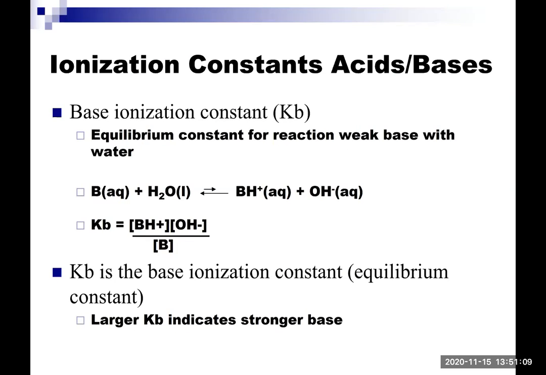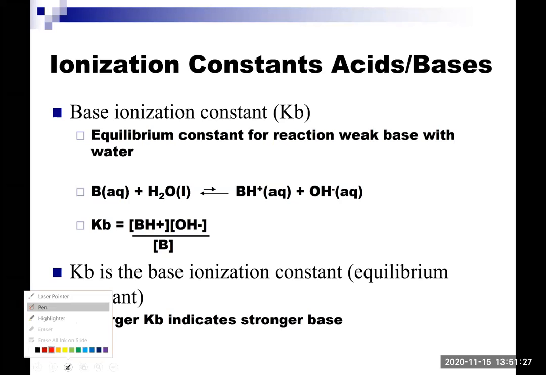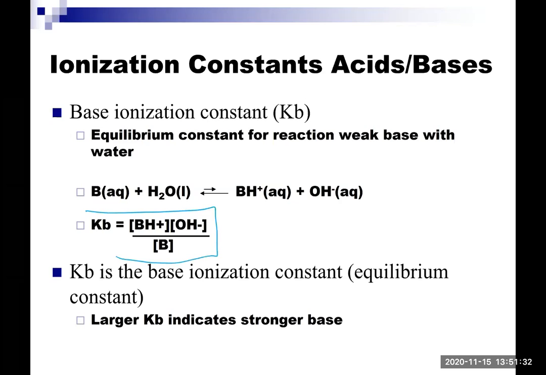We also have ionization constants for bases, represented by the uppercase K and the lowercase b, b representing base. And this is an equilibrium constant for the reaction of a base and water, or we also call it an ionization constant, because again, it's going to be measuring the concentrations of the ions, that is the products, relative to the concentration of our starting material, our initial base.